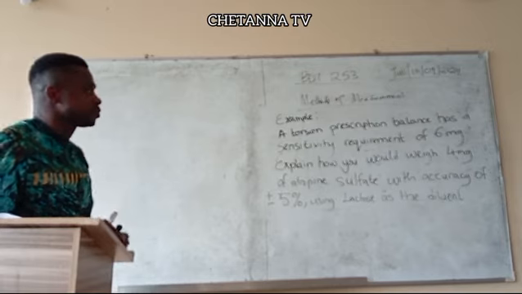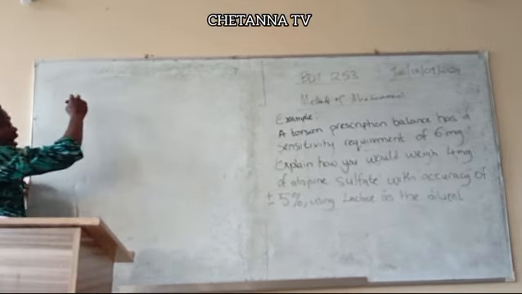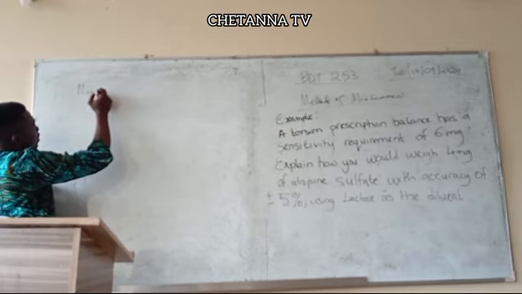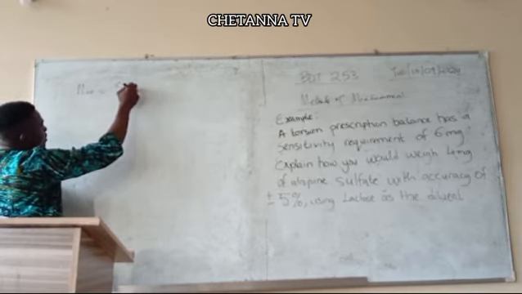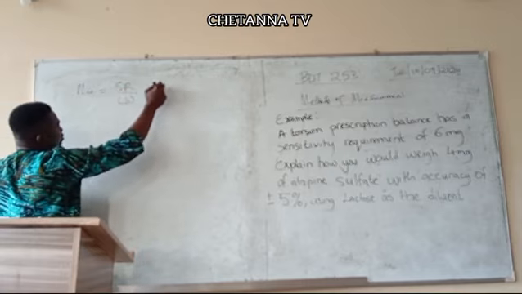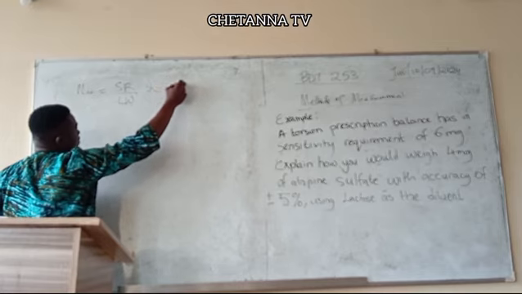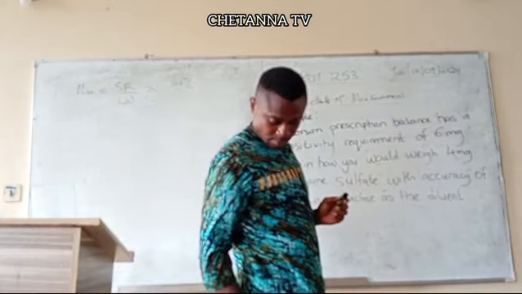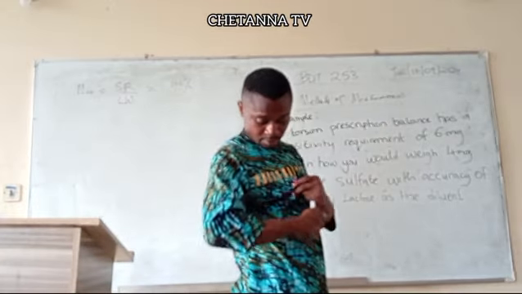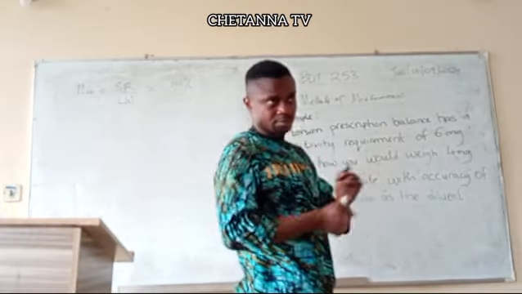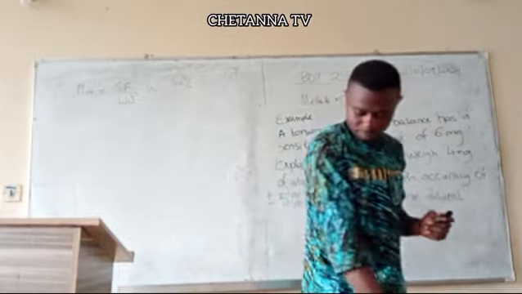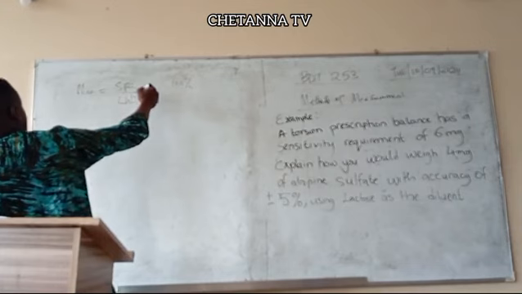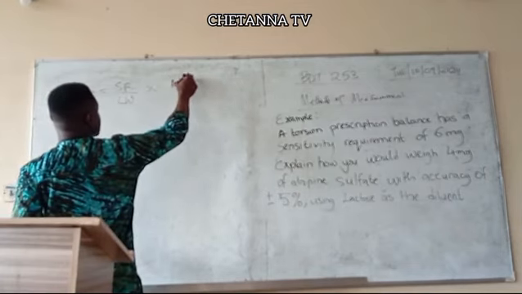So to do that, remember that we already have our error mark. Error mark is equal to SR over the weight, times 100 percent.